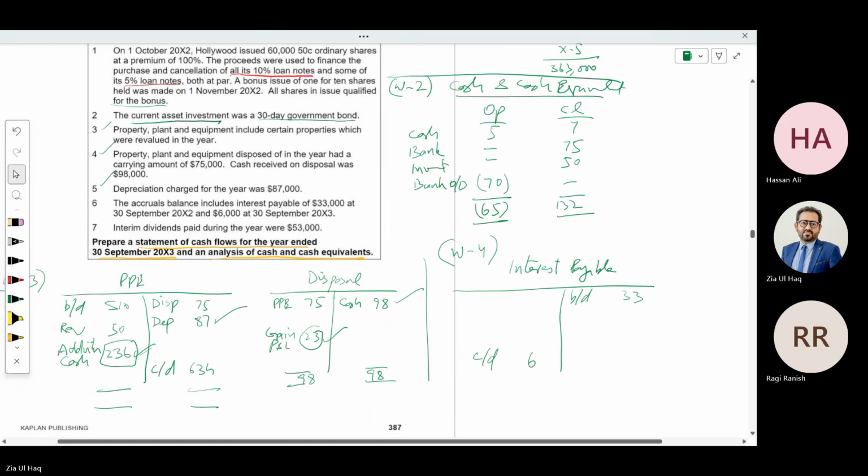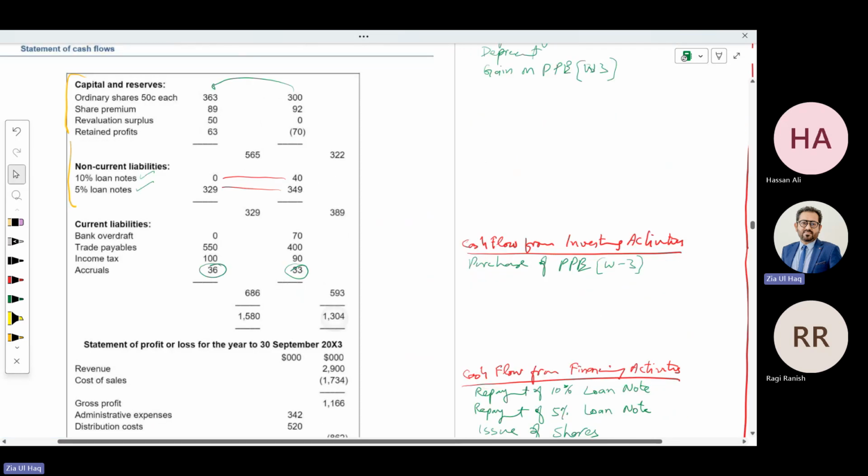This means the opening accrual other than interest is 0. The closing accrual: if the closing total is 36 and we deduct 6, what remains is 30. So it moved from 0 to 30, an increase in accrual of 30.